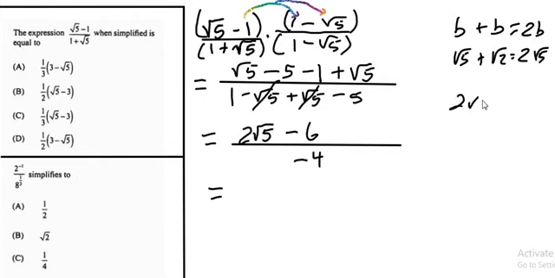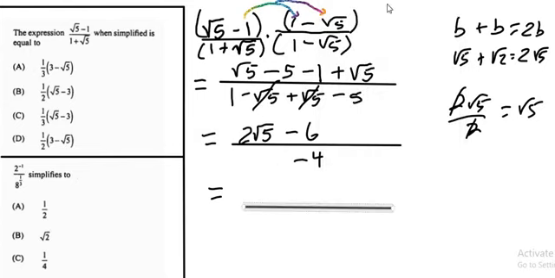If we have 2 root 5 and we divide by 2, what will we get? The 2 will cancel the 2 and we'll get just root 5. So this will actually be root 5, and I want to divide each term by 2. Dividing this by 2 will give us root 5, dividing this by 2 will give us 3, and dividing this by 2 will give us a negative 2.